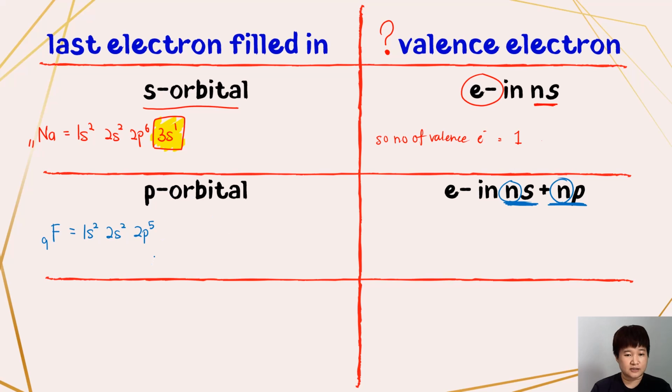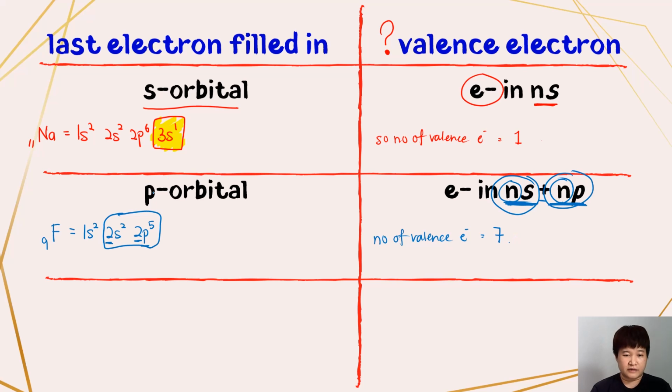So my last electron is located in the p orbital. The number of valence electrons will be the s orbital plus the p orbital of the highest energy level. So we are not taking the 1, we only take the 2s2 and 2p5. So the number of valence electrons is 7.